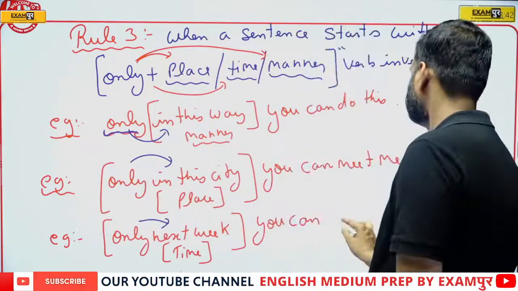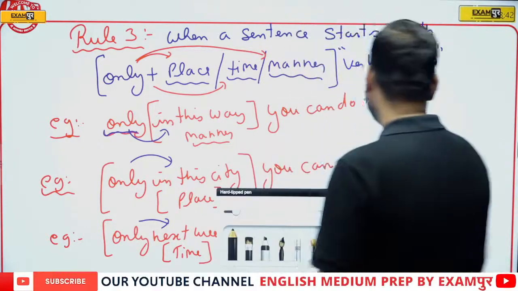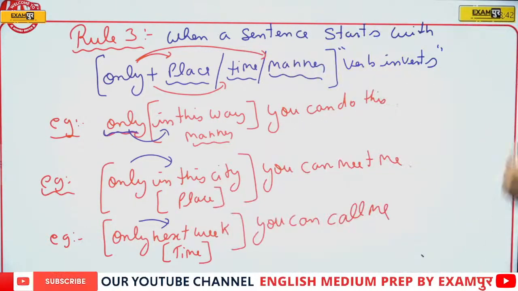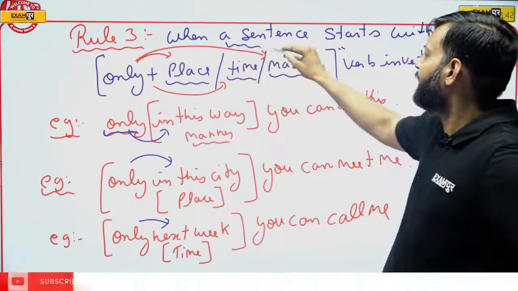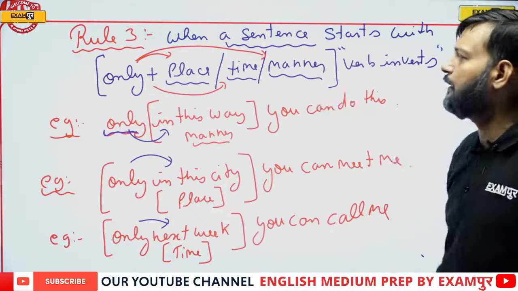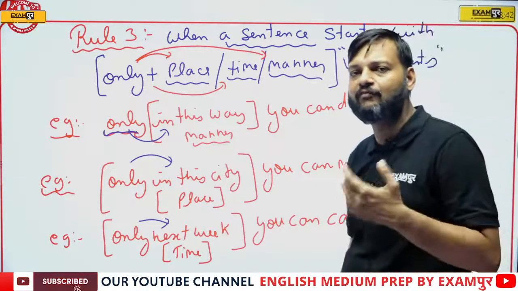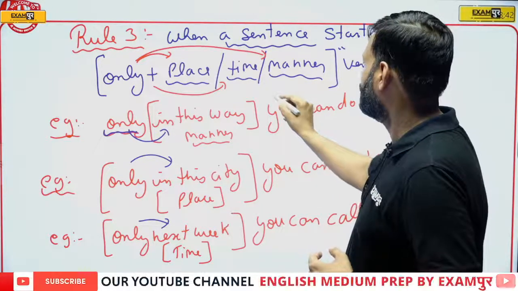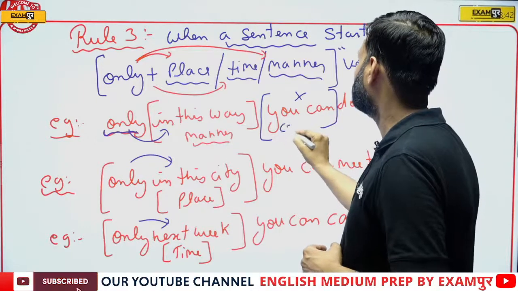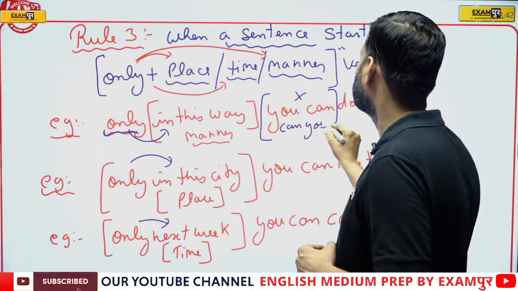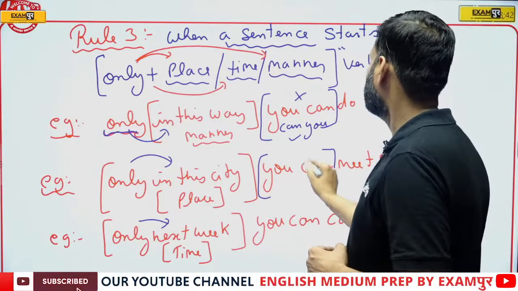So here you can call me, right? So here all three sentences are wrong, because the rule is when a sentence starts with only plus place, time or manner, the verb inverts. Verb inverts means the helping verb will be placed before the subject. So here you can is wrong.